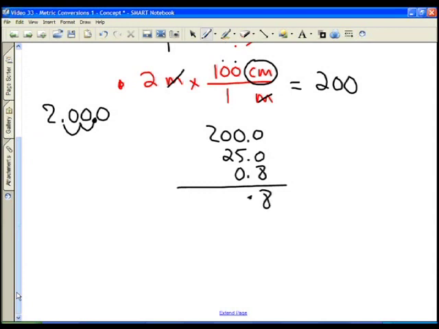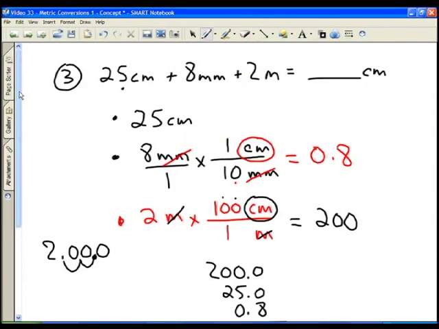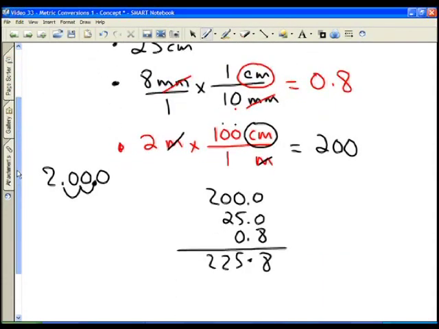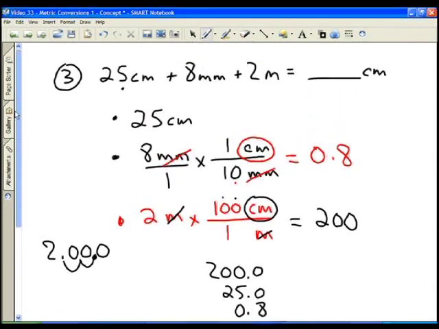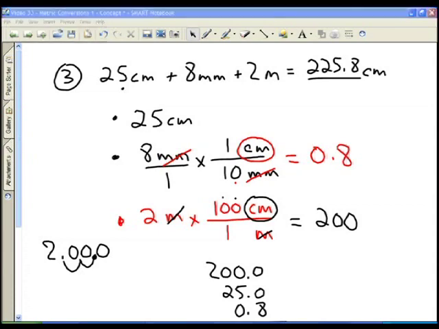But here I get 8, 5, 2, and 2. 25 centimeters plus 8 millimeters plus 2 meters is 225.8 centimeters. So that should give you a good refresher on metric conversions, especially centimeters, meters, and millimeters.